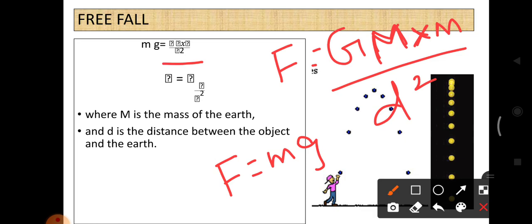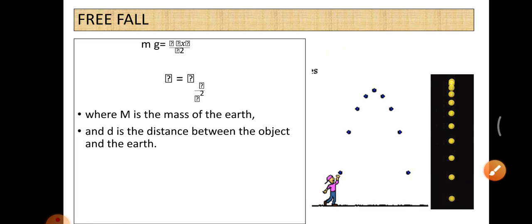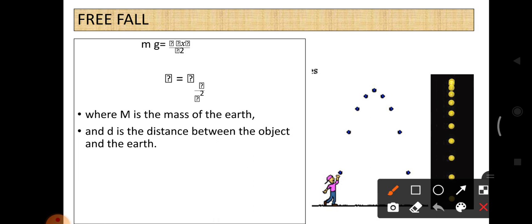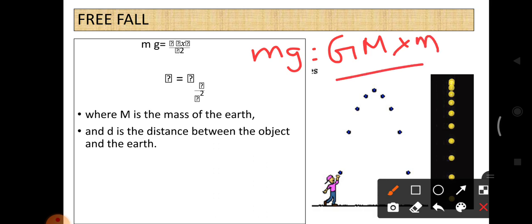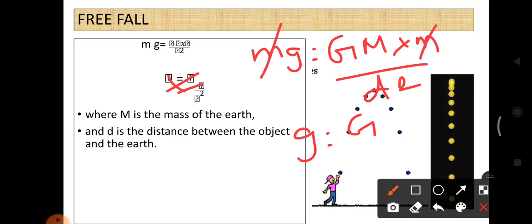So we can equate these two equations. So how do you write it? mg equals G capital M into small m by d squared. And you have to cancel m and m. So the remaining thing, g equals G M by d squared.